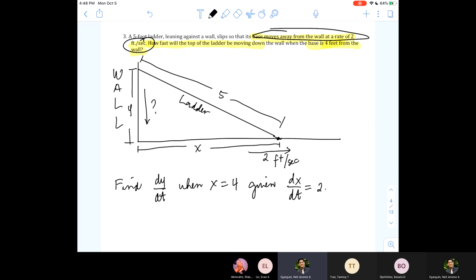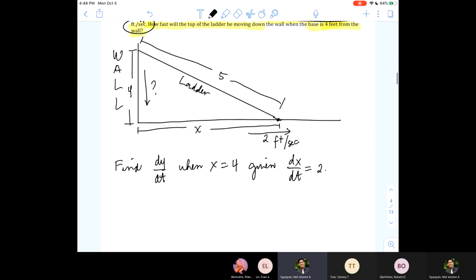So Ivan and Tammy, you're both right. Because imagine what happens as time goes by. The x value is increasing because the base of the ladder is moving away from the wall. So that means as time goes by, x increases, right? So dx over dt is positive.